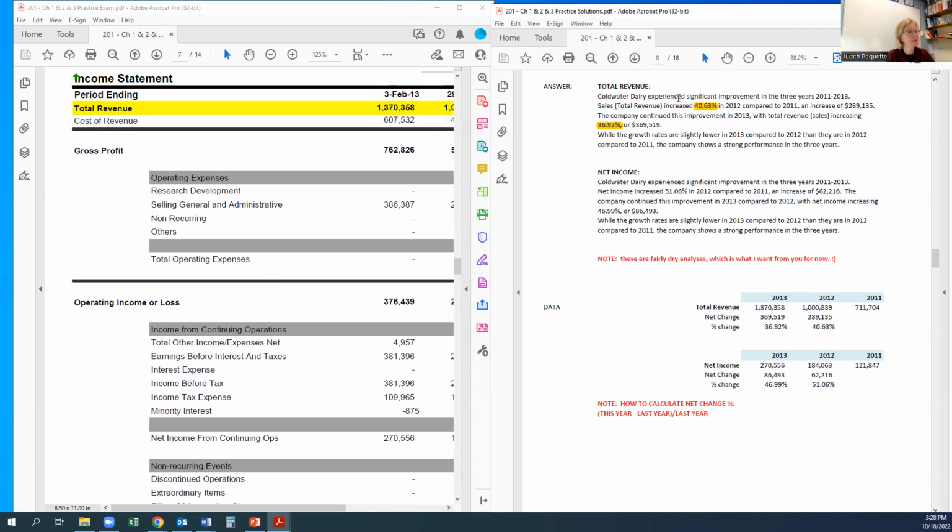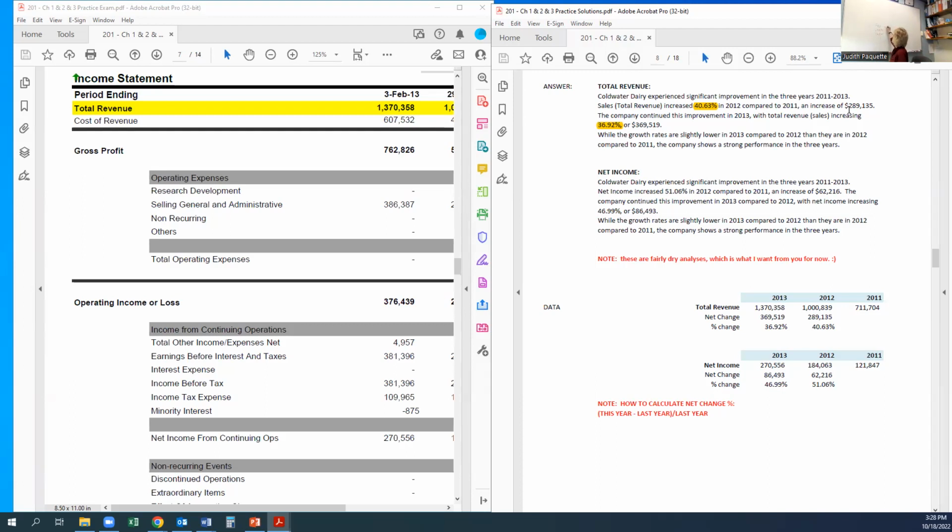Cold Water Dairy experienced significant improvement in the 3 years, 2011 to 2013. Okay. So basically that first statement has to say, is it favorable, unfavorable, or neutral?